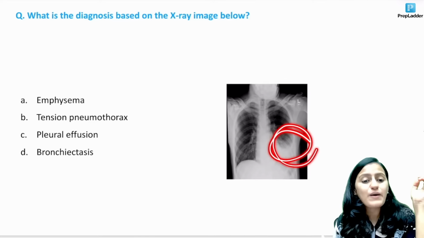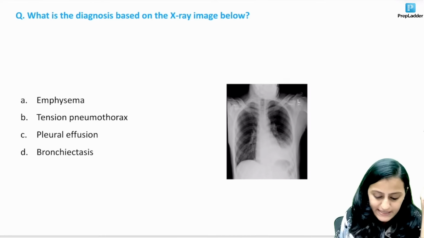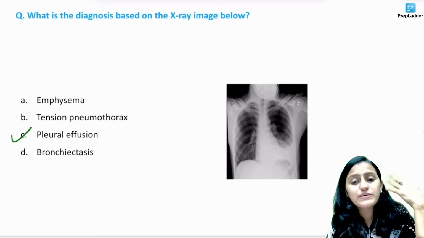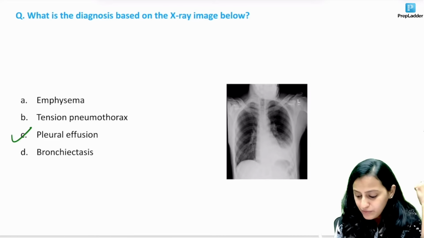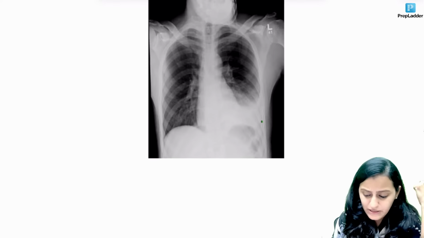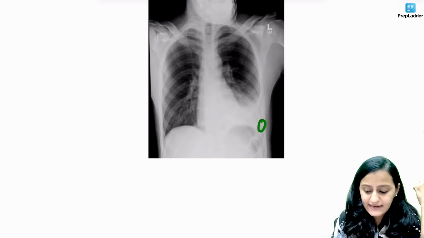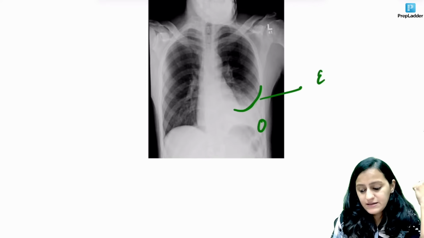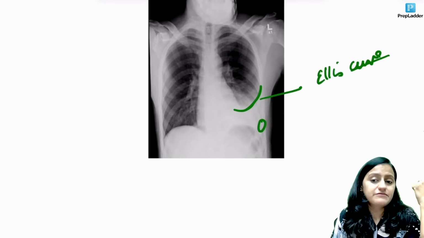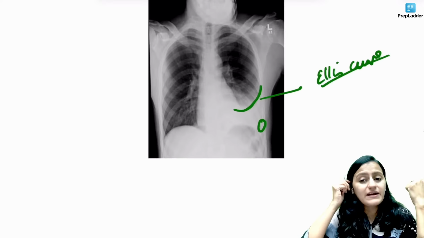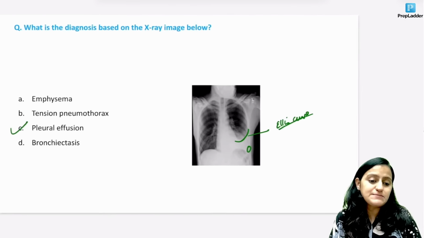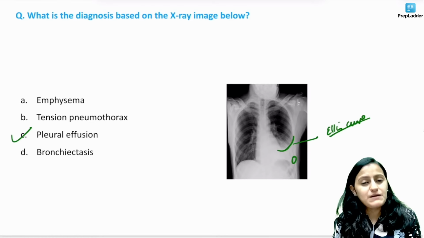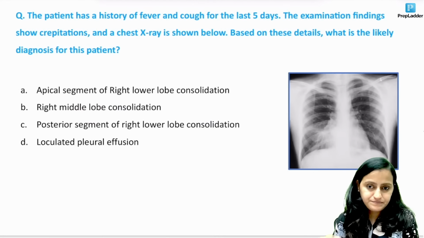You are seeing something white here. Right? So what is this white here? This is pleural effusion, the fluid appearing white here. It is fluid that is there which is white with the blunting of the angle and the curve that you are seeing here, which is called as Ellis curve. Right? You see this curve in pleural effusion. So this is pleural effusion with CP angle blunting and the curve.